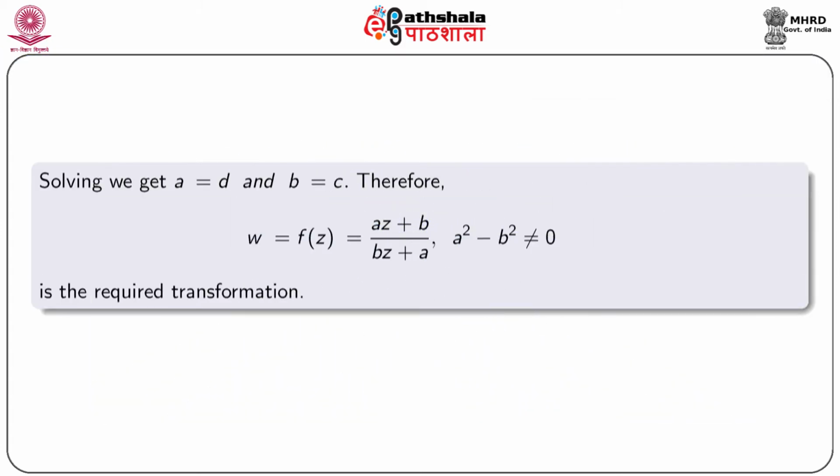So, solving these two relations, we obtain a equal to d and b equal to c. Therefore, the required transformation is w equal to f(z) equal to az plus b by bz plus a, where a square minus b square is not 0.